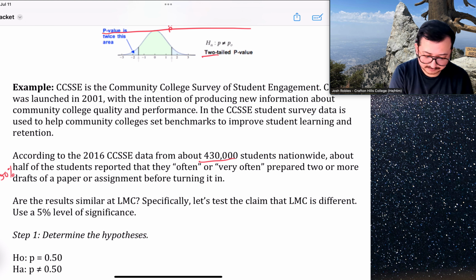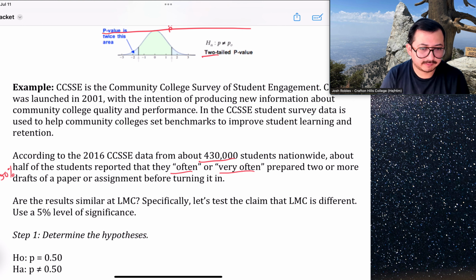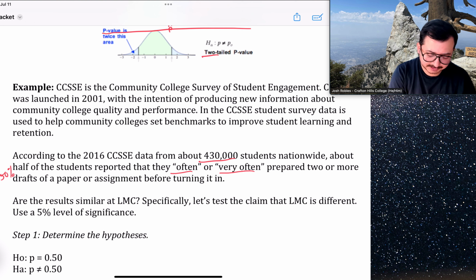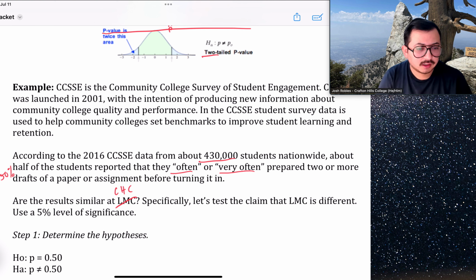Said that they often or very often prepared 2 or more drafts of a paper or assignment before turning it in. So maybe you prepared a draft of your data project before turning it in. So are those results similar? Just a reminder, pretend that said Crafton. Are the results similar here at Crafton?